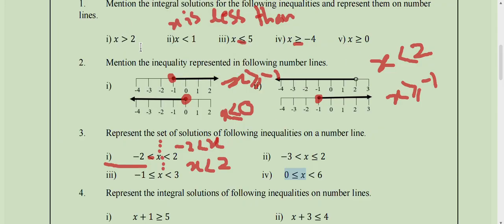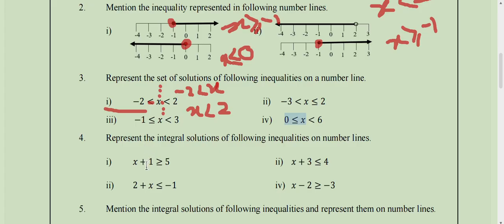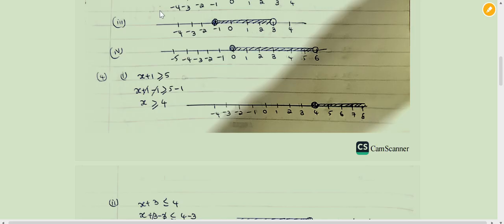So like this problem, you should firstly isolate x and move other positive or negative integers to the other side.